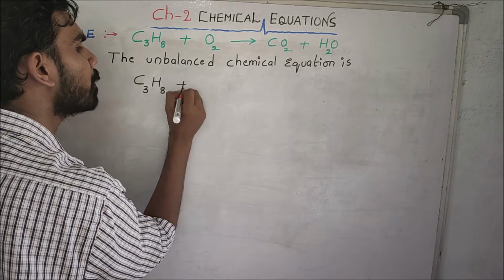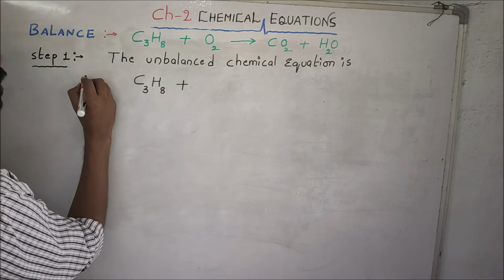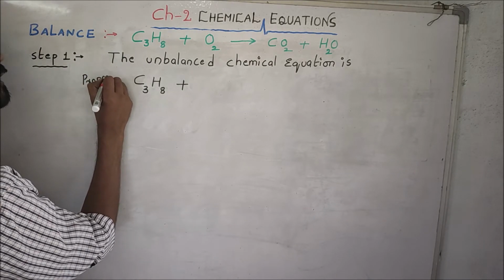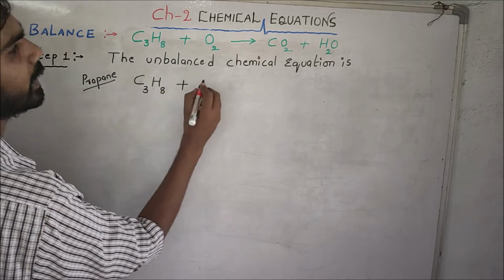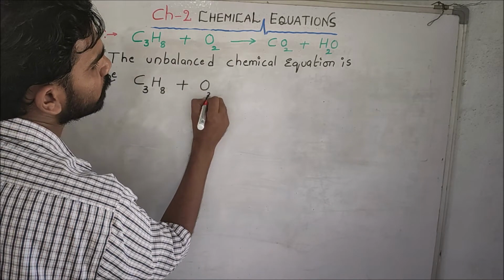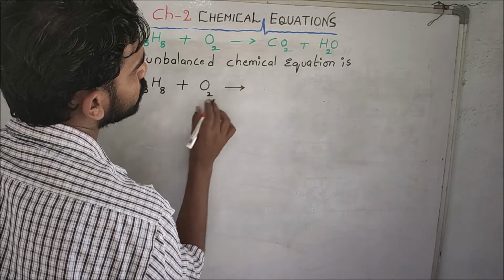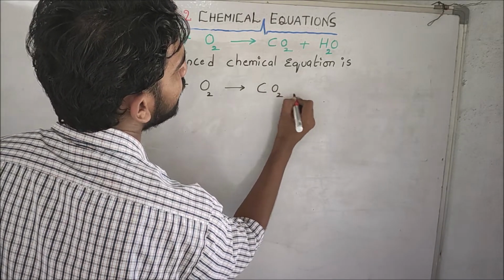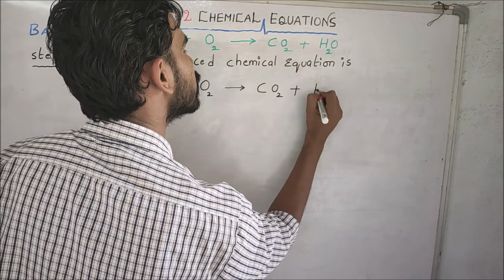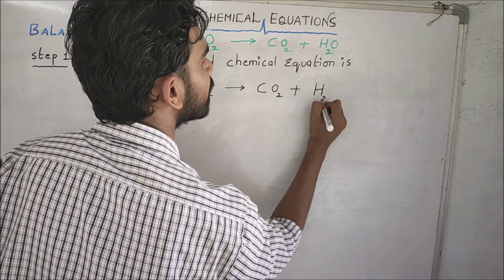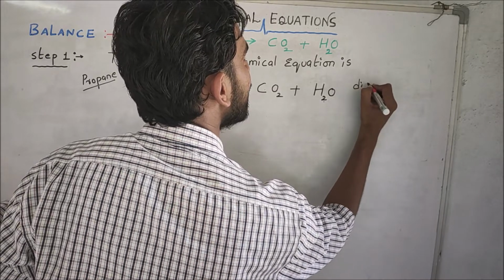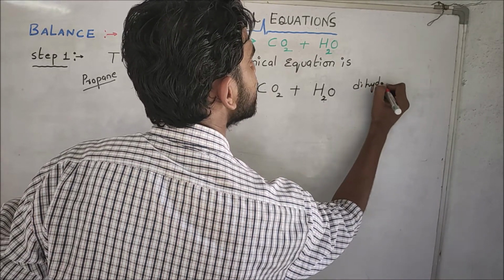C3H8 is called propane. O2 is oxygen. CO2 is carbon dioxide. H2O is water, or it is called dihydrogen oxide.